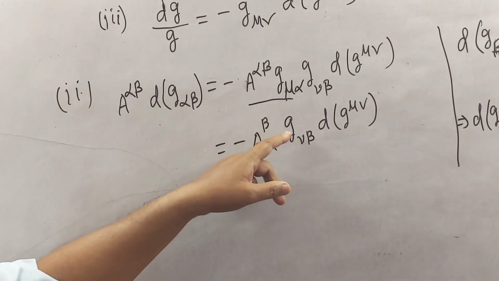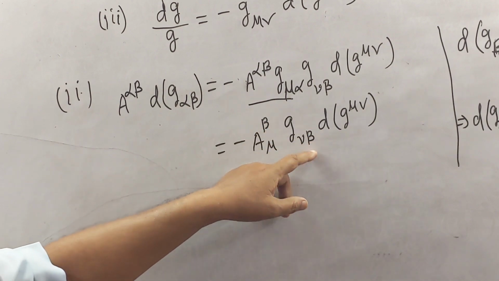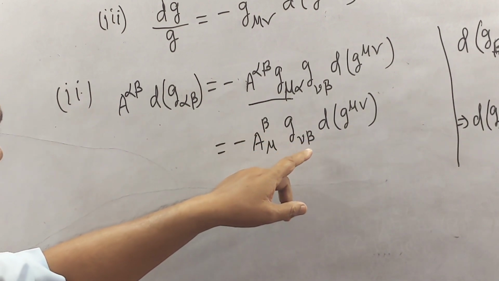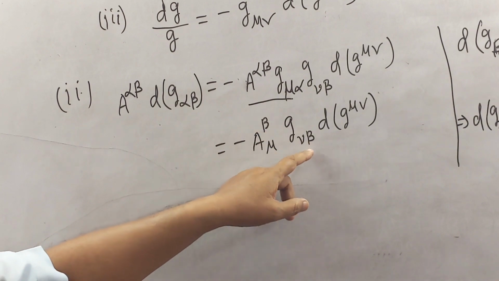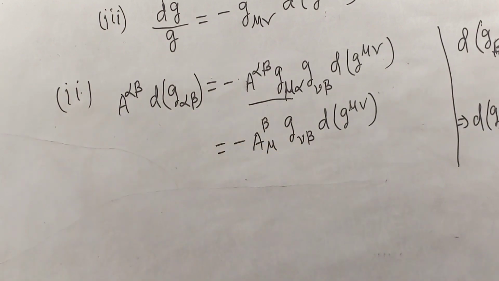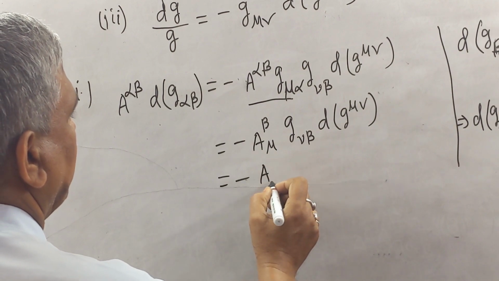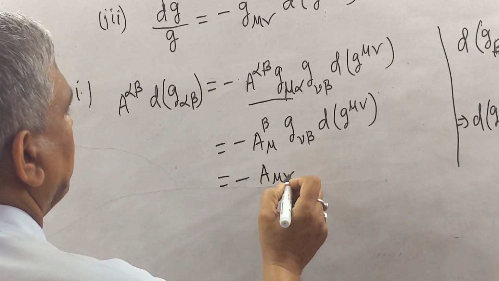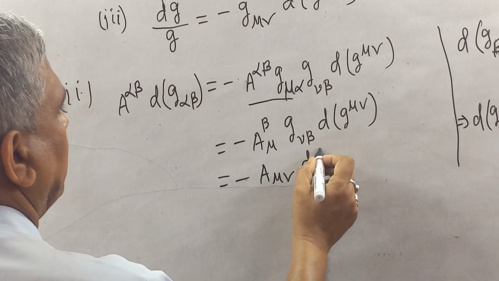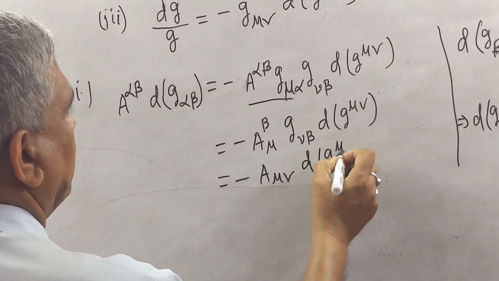Here beta is the dummy suffix, so by taking the concept of associate tensor, beta cancel, so we will get minus a mu nu d g mu nu.